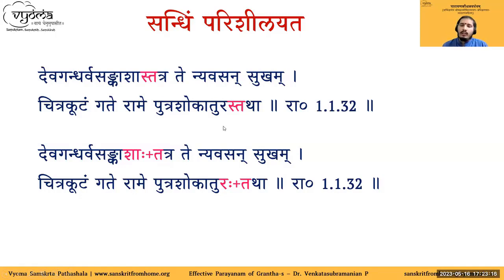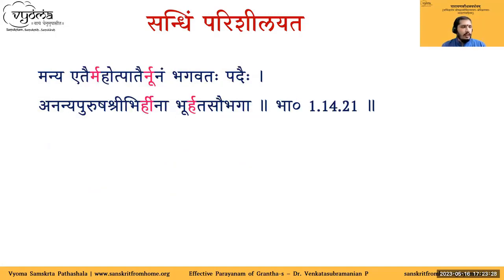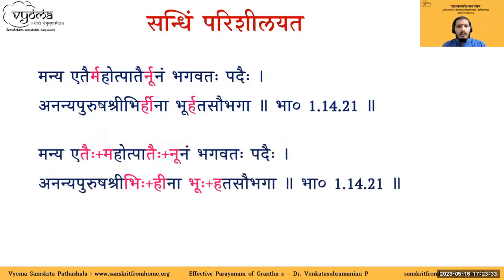We had Putra Shokaturaha Tatha, and we got Putra Shokaturas Tatha, the final form. Similarly, Manya Etair Mahotpatair Nunam, where Etaihi Mahotpataihi was present. In the second line also, Ananya Purusha Shribhir Hina Bhurhata, where we had Shribhihi Hina. So this is nothing but Visarga Sandhi.